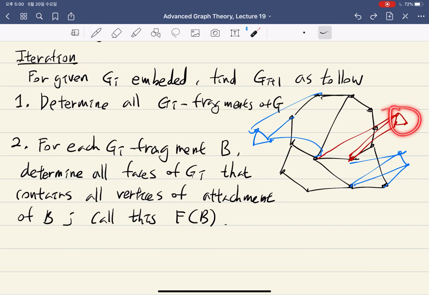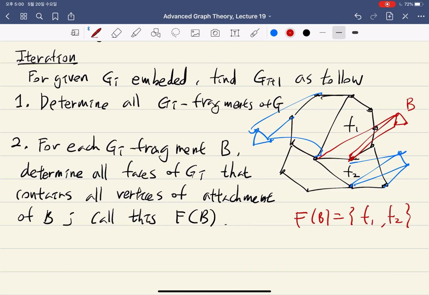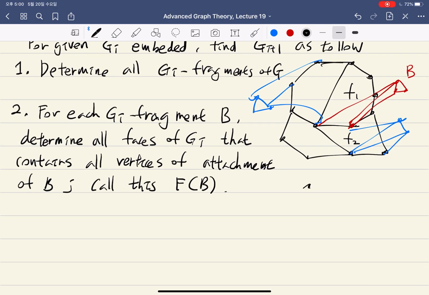On the other hand, for this fragment, we know that if we say that this is F1 and this face is F2, then the vertices of attachment are these two vertices, which are contained in either this face F1 or F2. So in that case, let's say this is B, then FB is F1 and F2. There could also be a case that this could be much larger.